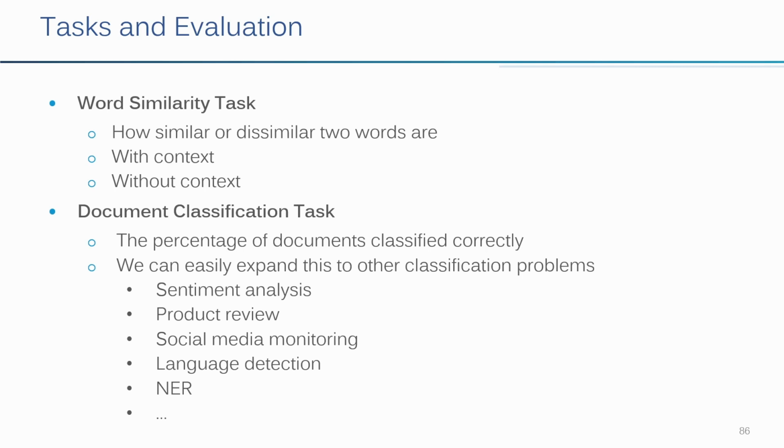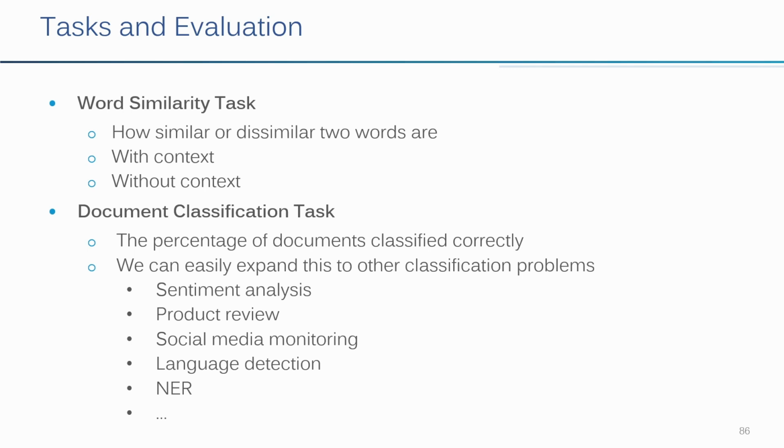On word similarity, how similar or dissimilar two words are with and without context. Because when we talk about two words and how close they are, most likely you won't be doing this with single words unless you are in a very specific Kaggle competition, Kaggle between quotes here. Most likely you will be trying to see how a word given a context is similar to another.